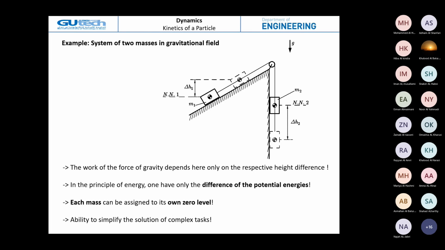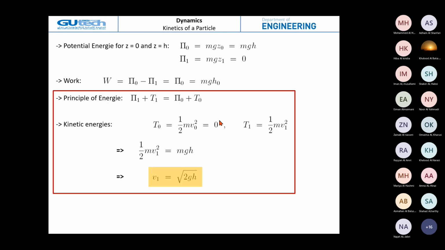That means we have P1 plus T1 equal to P0 plus T0, or we can write P1 minus P0 equal to T0 minus T1. It's a matter of notation, as you can see here.